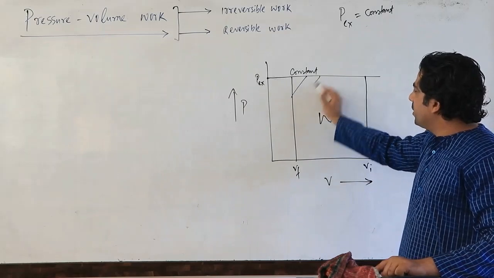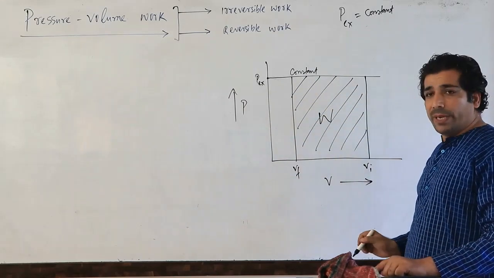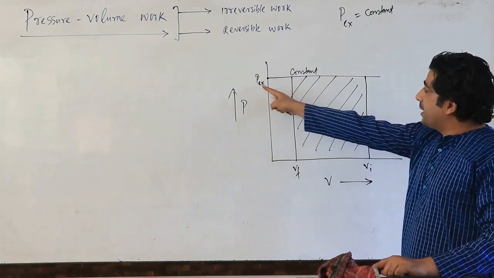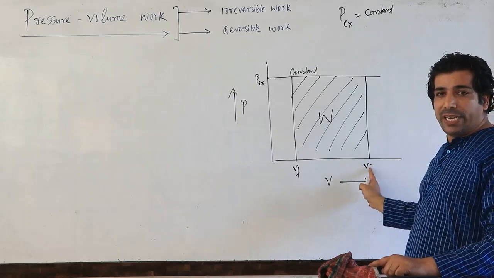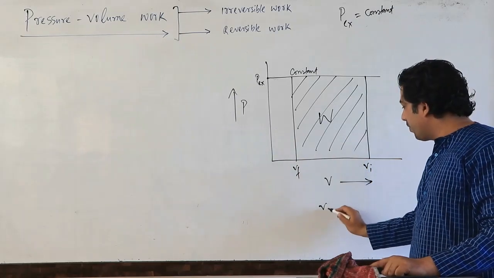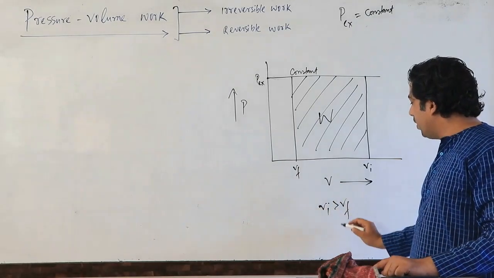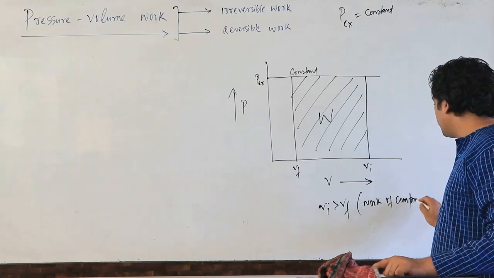So if I shade this particular area, this shaded area will give me the work, because during this work the external pressure is constant but volume is decreasing from Vi to Vf. Means Vi is greater than Vf here.